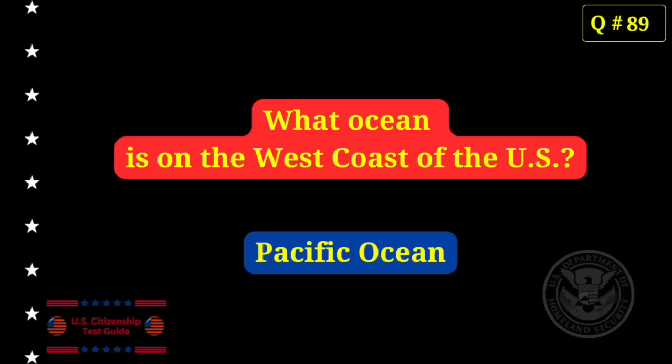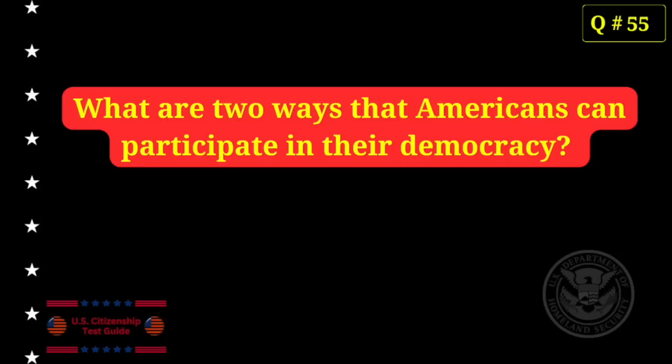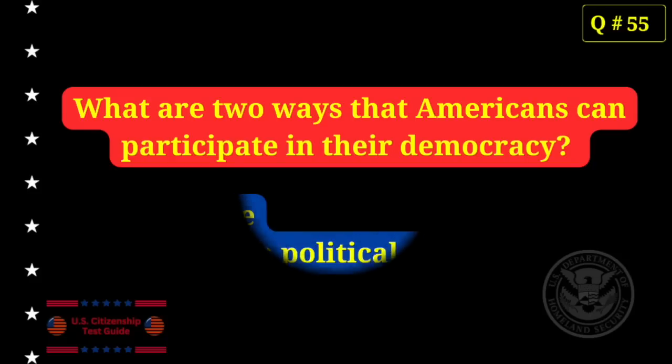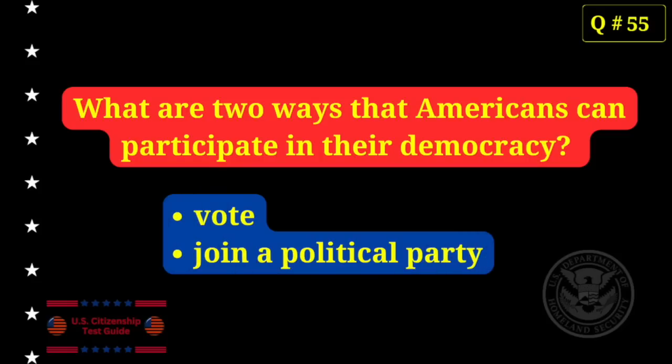Pacific Ocean. What are two ways that Americans can participate in their democracy? Vote. Join a political party.